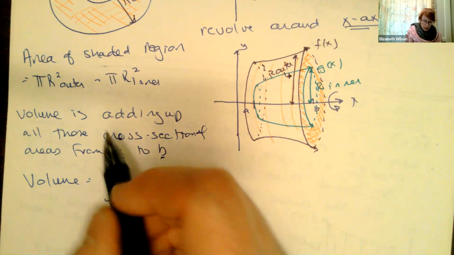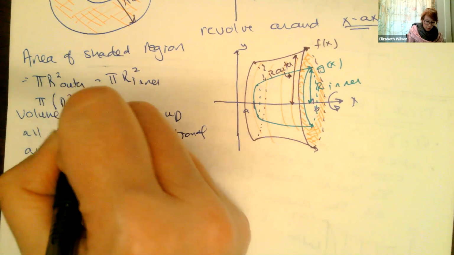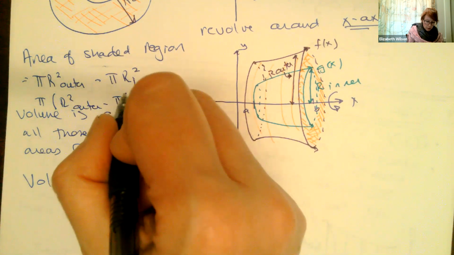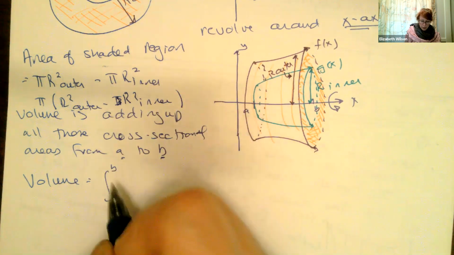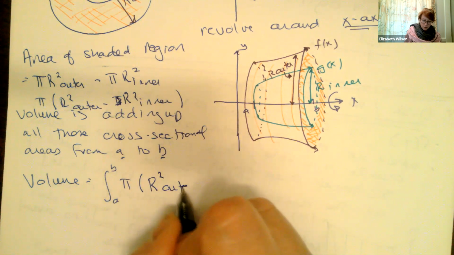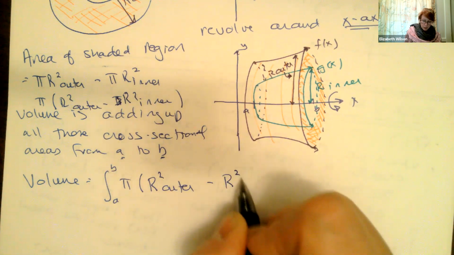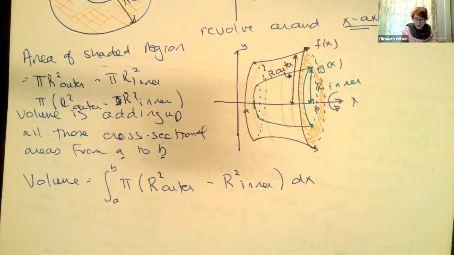I'm going to factor out the pi. So I go pi r outer squared minus pi, oops, sorry, I said I was going to factor it out, r squared inner. So I factor out the pi and I get my outer circle minus my inner circle, and this is done with respect to dx. Dx is the thickness of that little cross-sectional washer.